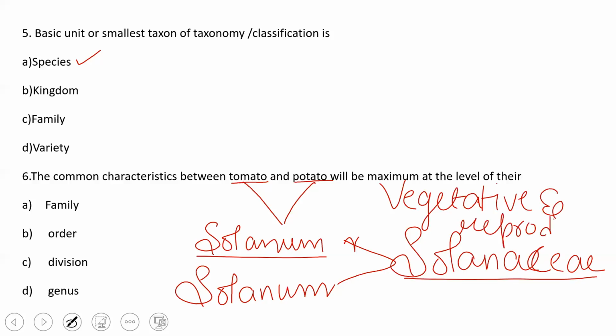So here the option will be family. So at family level, tomato and potato will have maximum common characters. Next one.